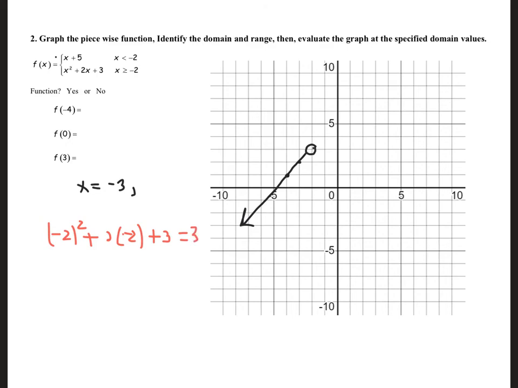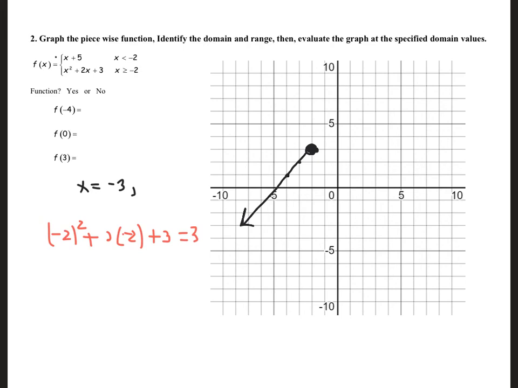So at -2 we get 1, 2, 3. Oh, that closes that circle. Okay, so -2. Now I need another value which is going to be greater than -2.